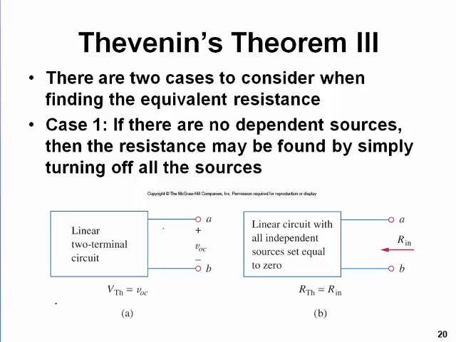Then you may find the resistance by turning off all of the sources and measuring or calculating the resistance that you find between the terminals A and B. So turn everything off, calculate what the resistance is, and then you get R Thevenin. To find V Thevenin, you have to take the load away and just measure the voltage between these two terminals, or calculate it, as the case may be in our examples.